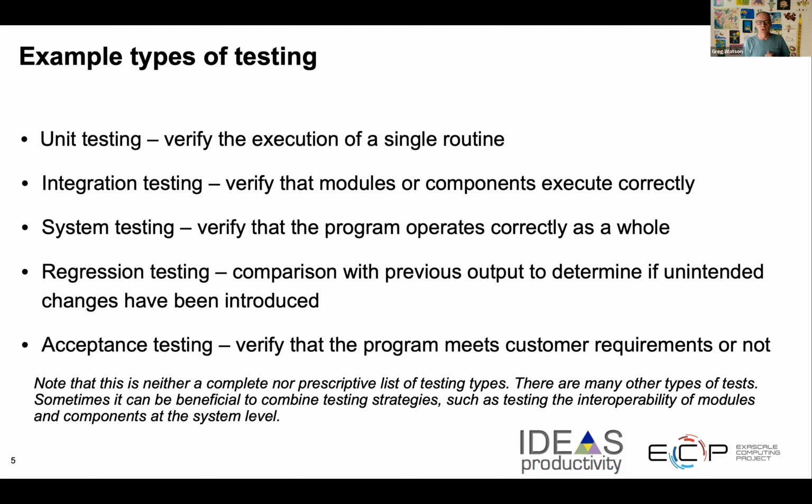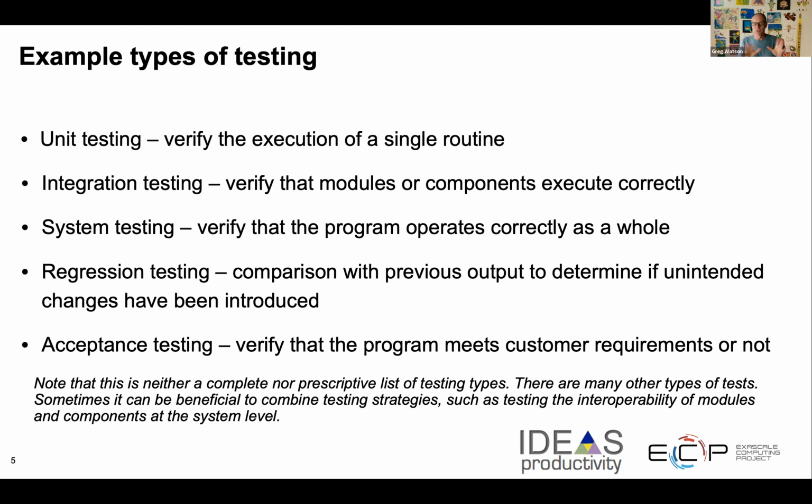And then there's a couple of other kinds of testing. Regression testing is more of a methodology where essentially what you're doing is checking previous results to ensure that you haven't introduced untested changes into the code. And then acceptance testing is another kind of testing similar to system testing, where you're testing the operation of the program as a whole, but rather than checking it against, say, the specifications of the software, it's whether the software meets the customer requirements or not.